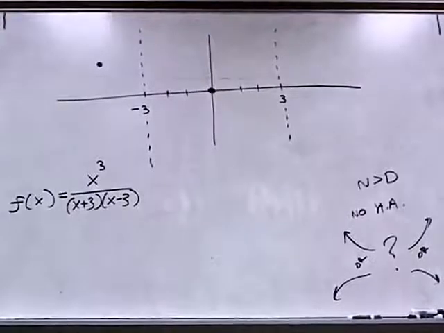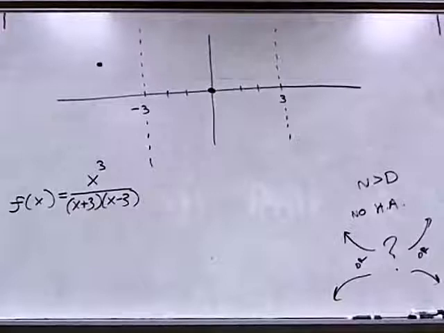Good. Okay, what about in here? Did you test anything in here? The one. So what did you test? You do just a mental into this? Okay, so let's just try one. 1 cubed is 1. 1 squared is 1. 1 minus 9 is negative. 1 over negative 8. See what I'm saying? Down, that's out.